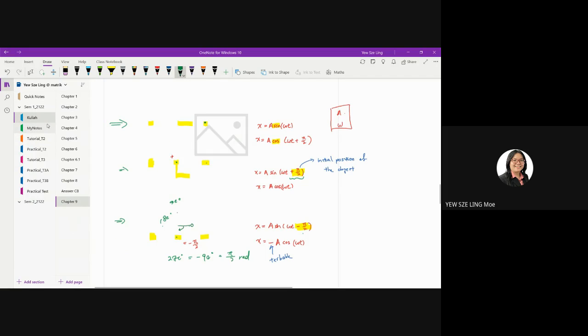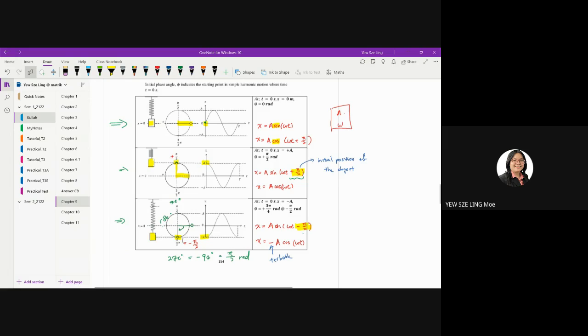So it represents this position, 180 degree. Basically minus pi and plus pi both refer to the same position.